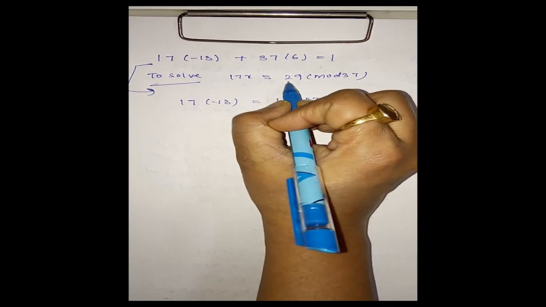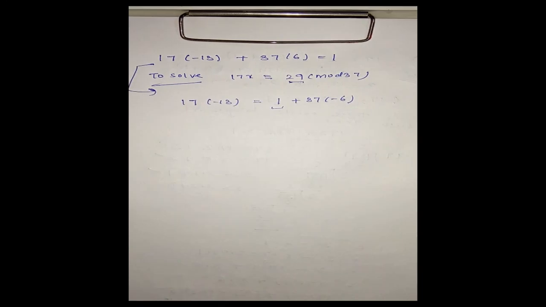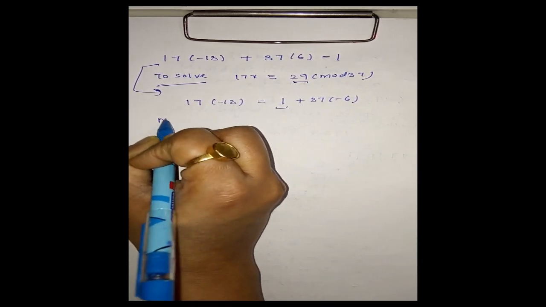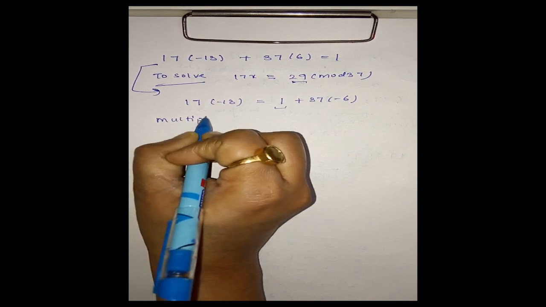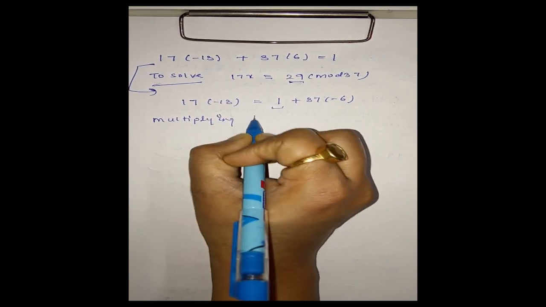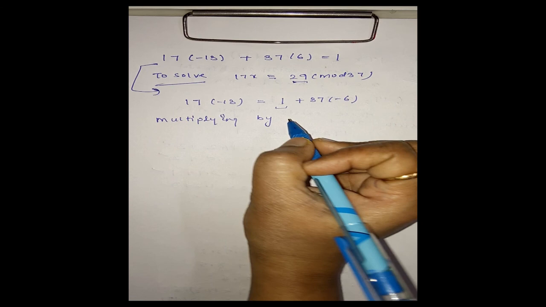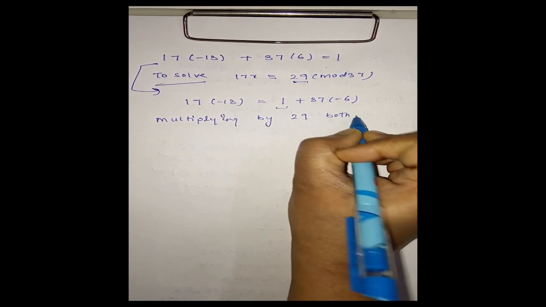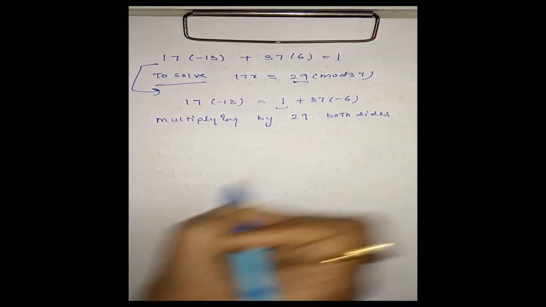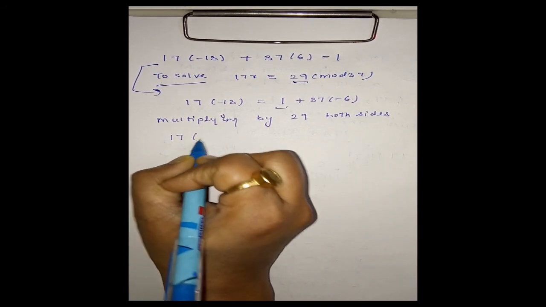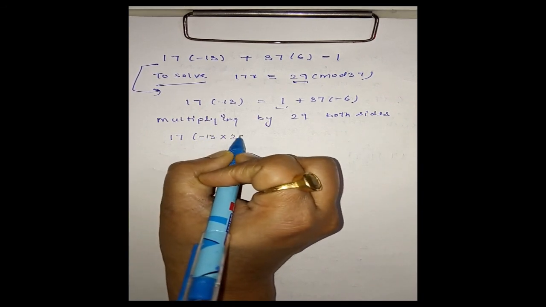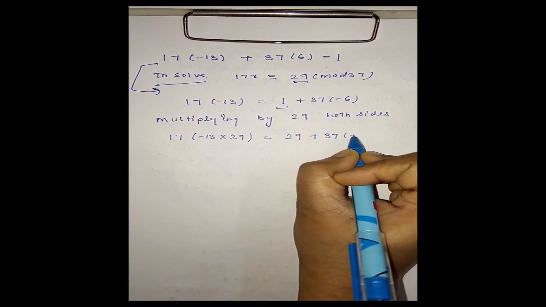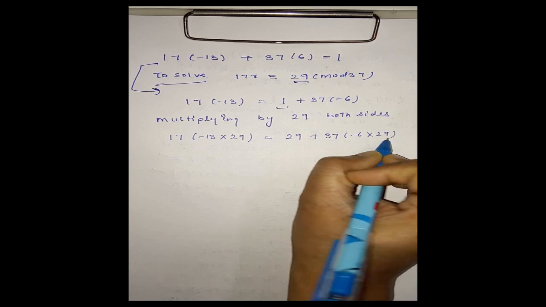Now here we have 29 but here we have 1. Therefore we will multiply by 29 on both sides. Therefore, we have 17 into minus 13 into 29 is equal to 29 plus 37 into minus 6 into 29.